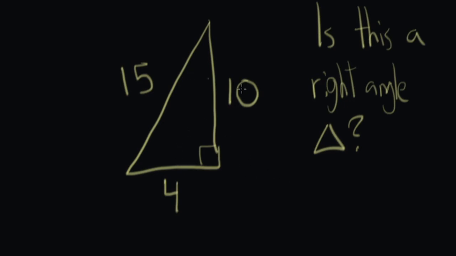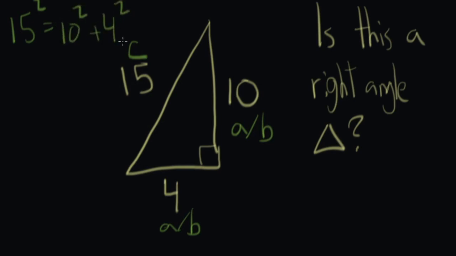Well, let's go and do some math. So remember, this is C, and these two sides, it doesn't matter, can be A or B. It's up to you. So is 15 squared equal to 10 squared plus 4 squared? That's what we're really asking.